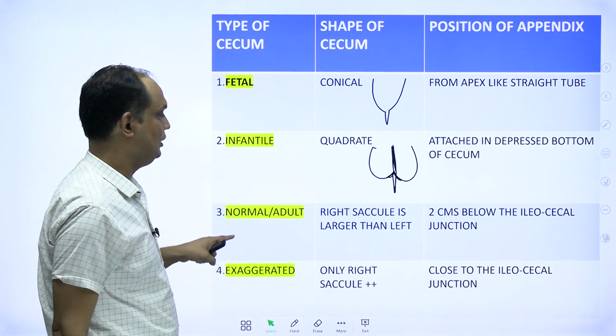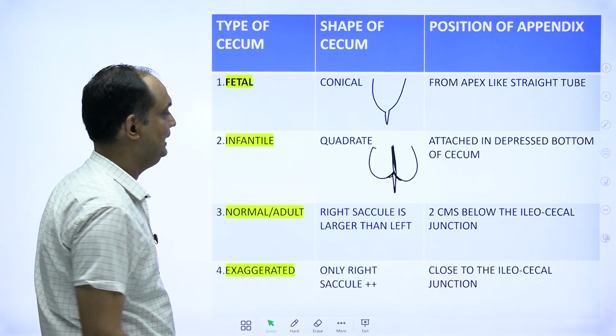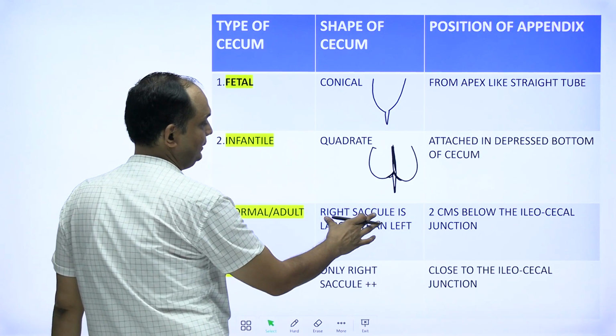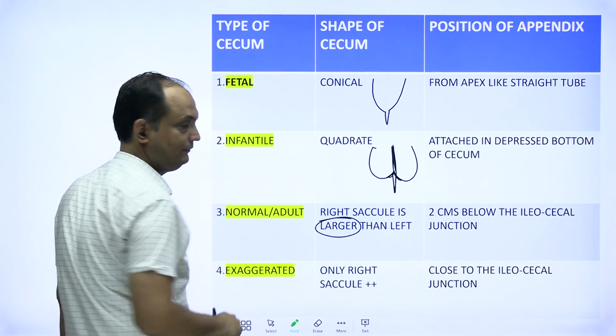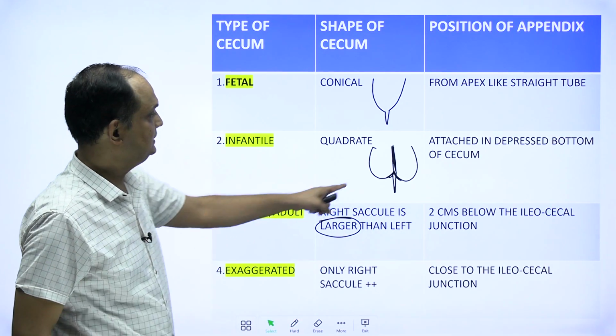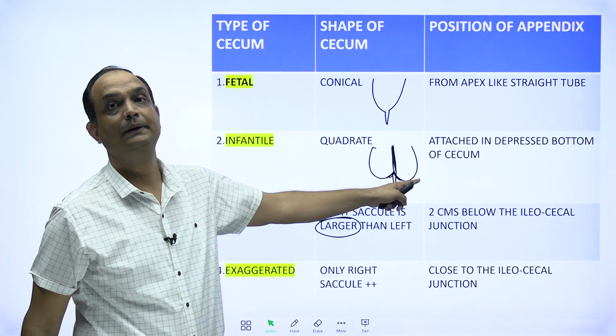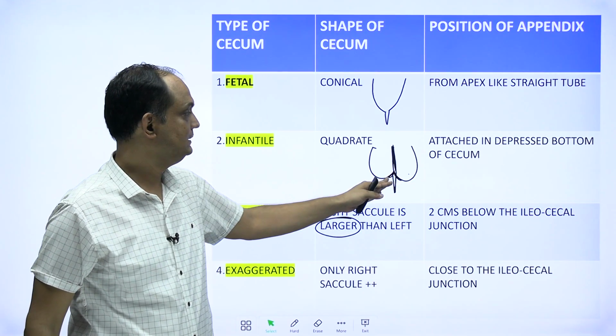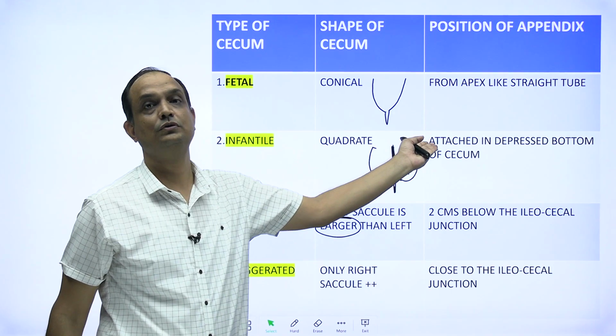The third is the normal adult. In this, the right saccule is larger than the left, which is a normal finding. So the right becomes enlarged as compared to the left, and the appendix will shift posteromedially.